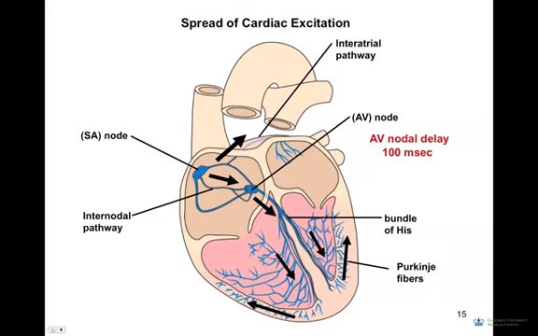The AV nodal delay allows for maximal ventricular filling, because it gives the atria a little time to contract and help fill the ventricles. Then once the AV node fires, you very quickly get ventricular contraction.